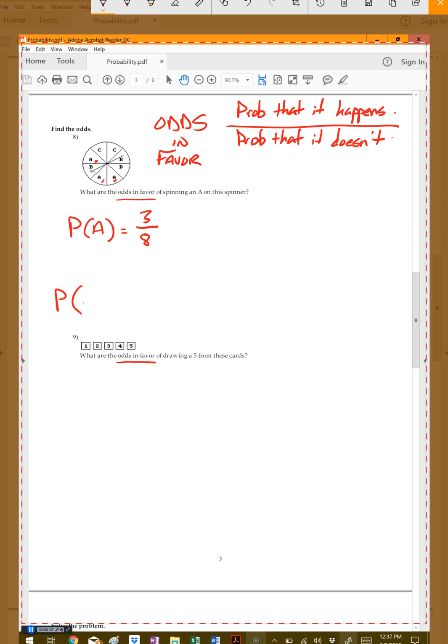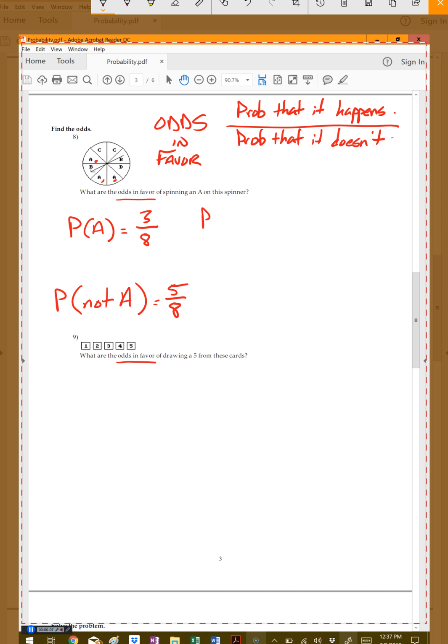The probability that A doesn't happen, or probability of not A, is we're going to count all the other things. So there's 1, 2, 3, 4, 5 things out of the total. So the probability of A divided by the probability of not A, that's the odds in favor.